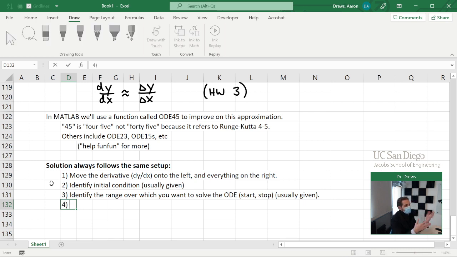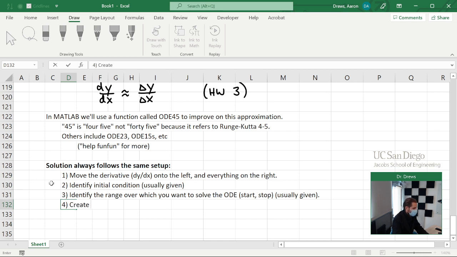So that all sits in a similar place, at least logically, in the development of the code, as rearranging things to root finding form does. Well, I should say the other way around: finding the equation and the unknown in root finding form and then rearranging it is more or less what you're doing here. You're just identifying bits and pieces of the problem and rearranging it in a way that plays well with MATLAB.